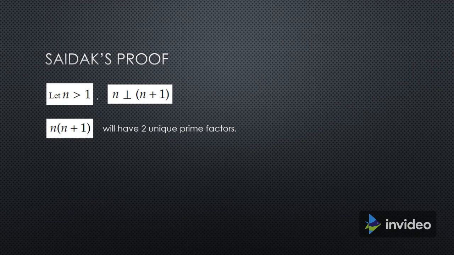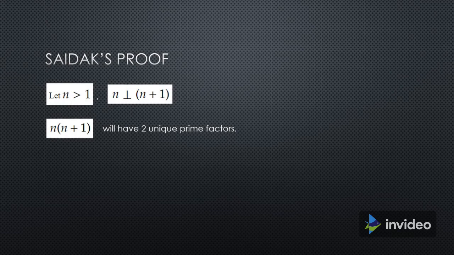And Saidak's proof is beautiful because you can keep extending this concept over and over again to get more and more unique prime factors. So you have n times n plus 1, and that gives you a product with two unique prime factors.